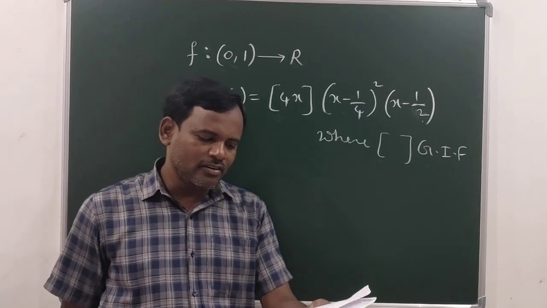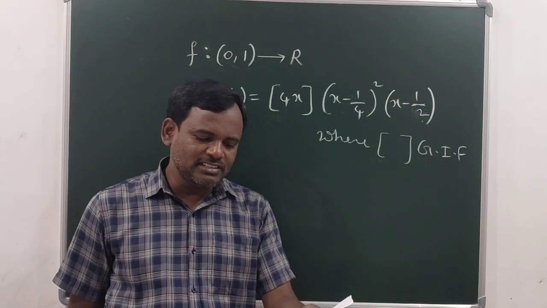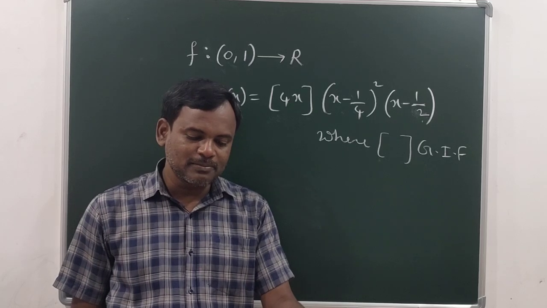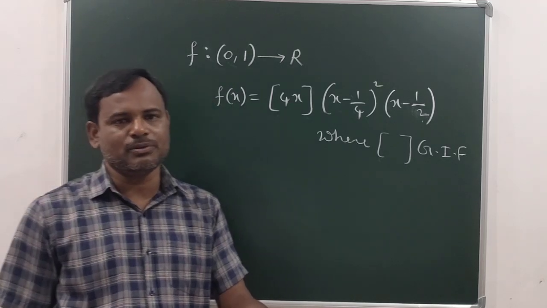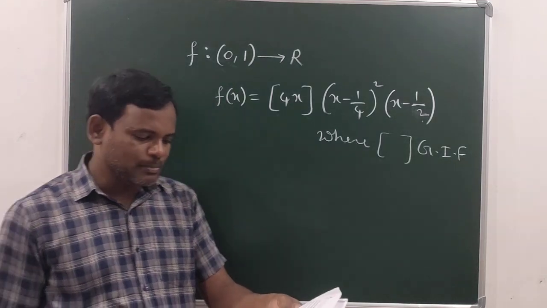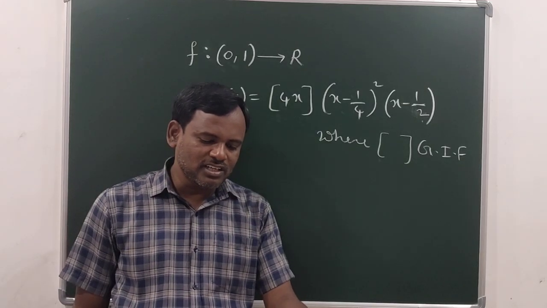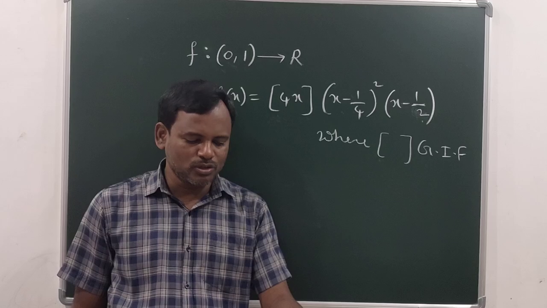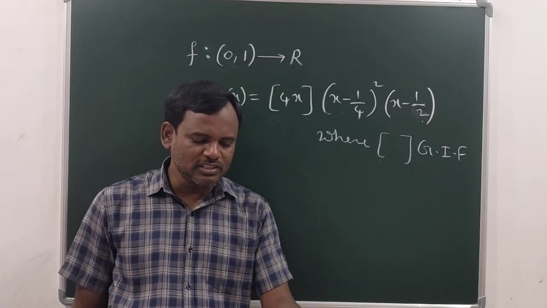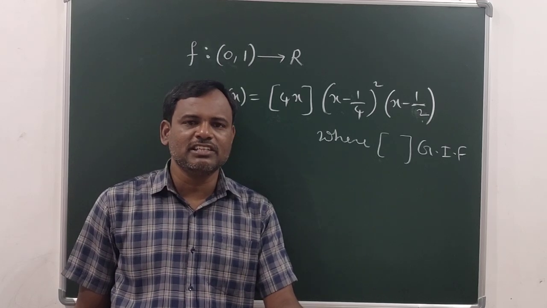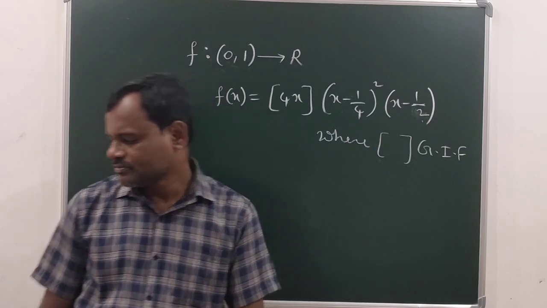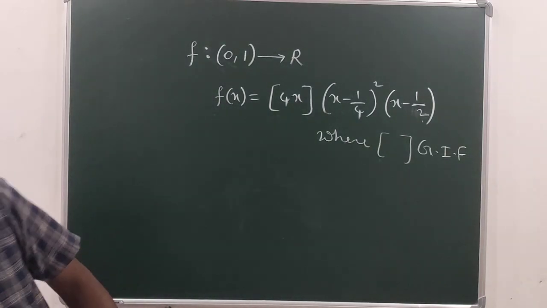Second, there is exactly one point in 0 to 1 at which f of x is continuous but not differentiable. Third, the function f is not differentiable at more than 3 points in the interval 0 to 1. Fourth, the minimum value of f of x is minus 1 by 512. Okay, now let us check it.